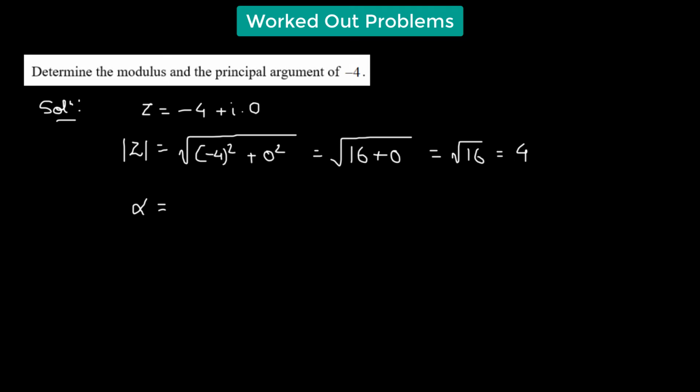alpha, which is equal to the tangent inverse of the absolute value of the imaginary part, which is 0, divided by the real part, which is -4.